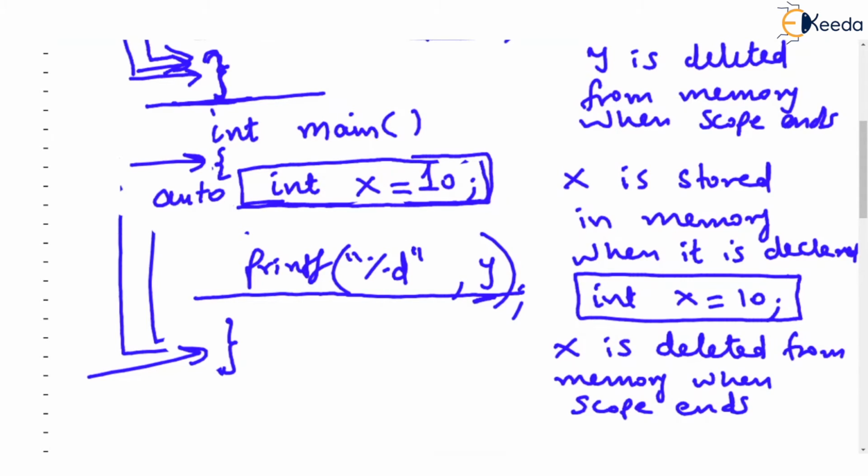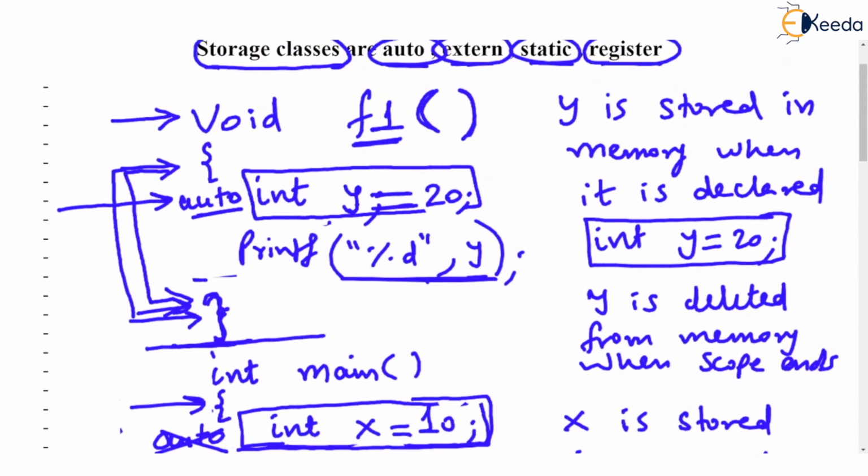Finally, I want to tell you that you don't have to write this word auto. This was just for explanation that I wrote the word auto. You just declare your variables. But C language will find out that this variable should have auto storage class because they are declared within the pair of braces.